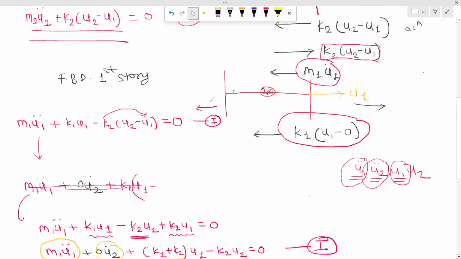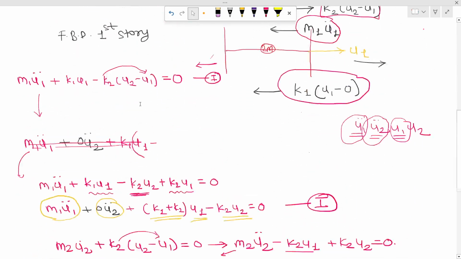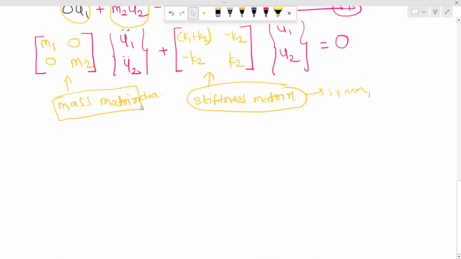So here you can see our m1 is 2m and m2 is m. So I can now write the same equation as, we know that m1 is 2m and m2 is m. So 0, 0. So this is my mass matrix.